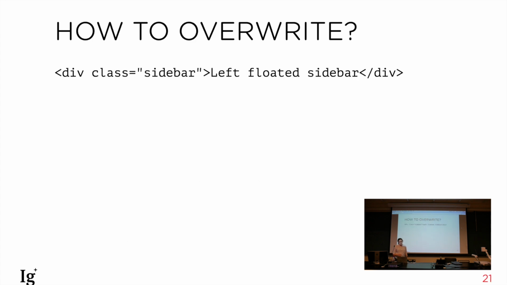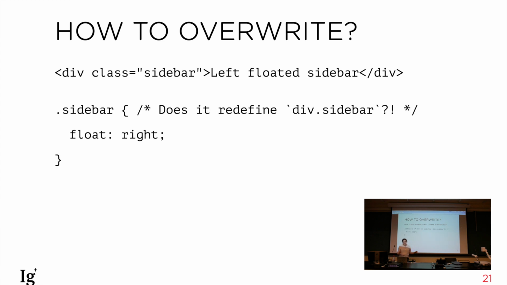So in WordPress, it looks like that. You see a code like that, and then you have a need to do something like that. So what actually is the code you write? You write something like that. Okay, it was to the left, I want it to the right. So does it work?